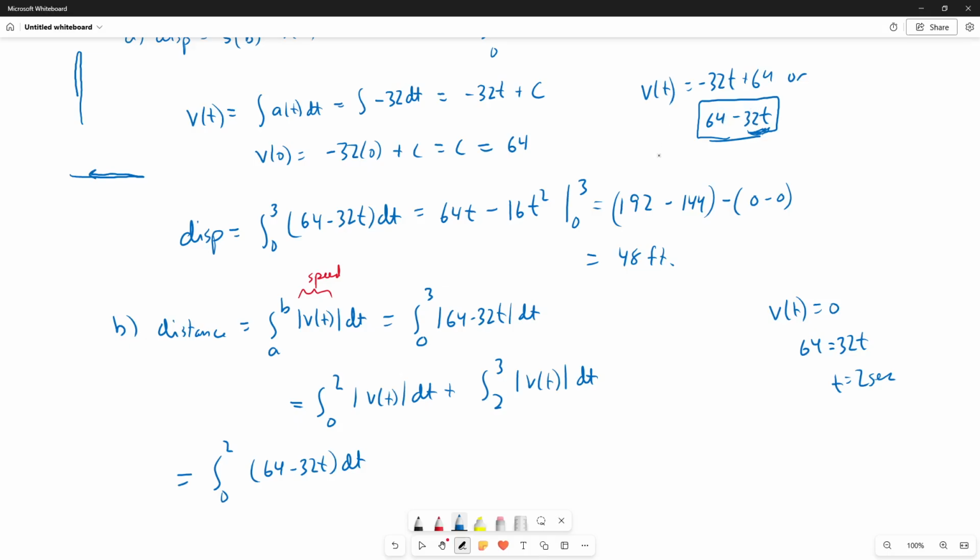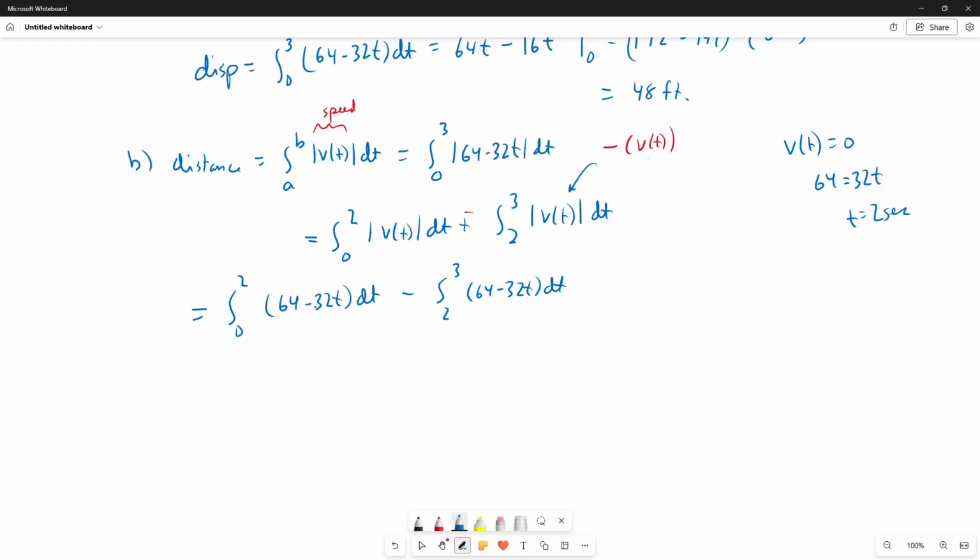And so that means that the absolute value of our velocity in that case is equal to the negative of our velocity. And we'll take the negative sign and move it out to the front. So we'll get minus the integral from 2 to 3 of our velocity. The first 2 seconds, the object was on its way up. Between time 2 and time 3, the object was on its way down.